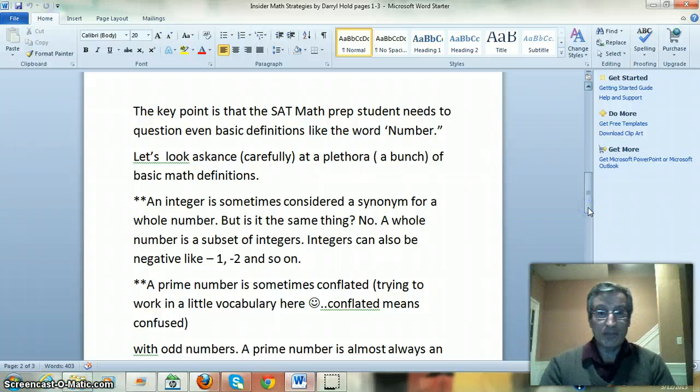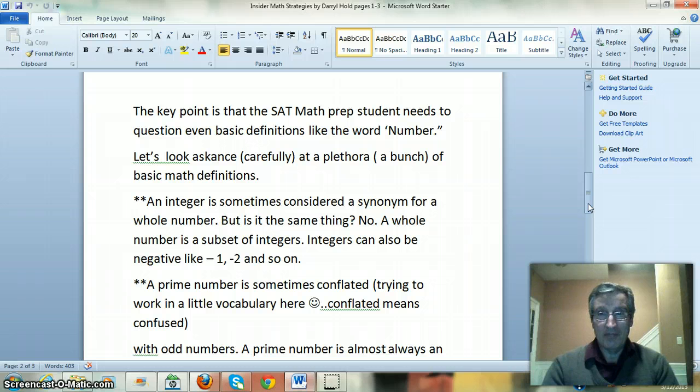An integer is sometimes considered a synonym for a whole number. But is it the same thing? No. A whole number is a subset of integers. Integers can also be negative, like -1, -2, -3, and so on. Okay. A prime number is sometimes conflated. I'm trying to work in a little bit of vocabulary here.